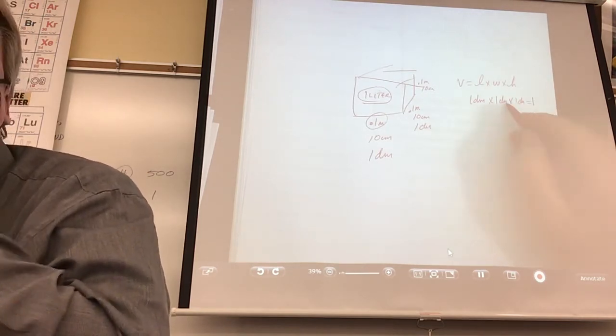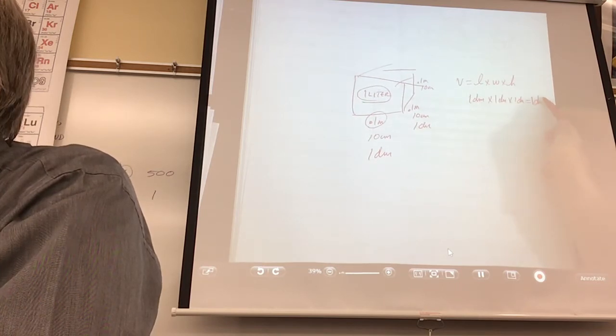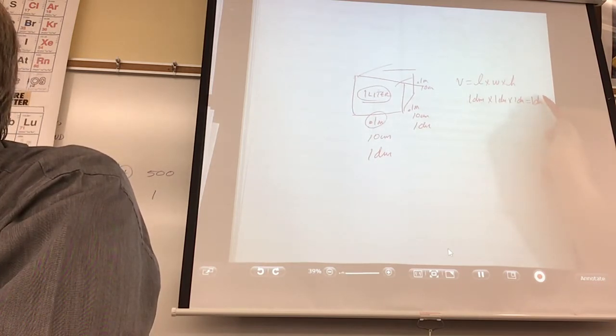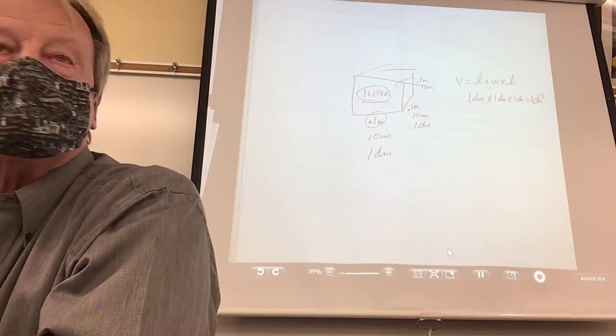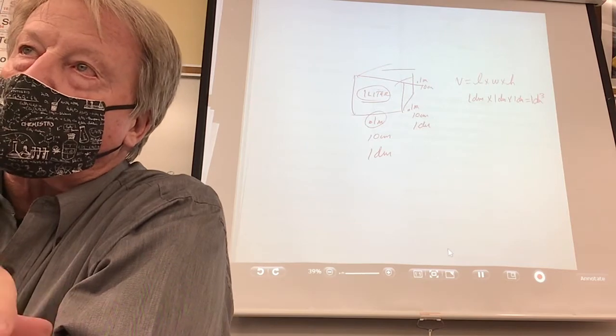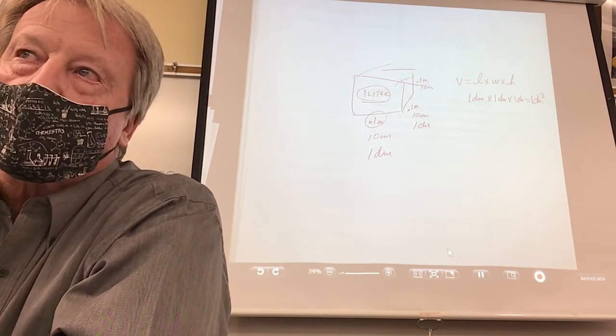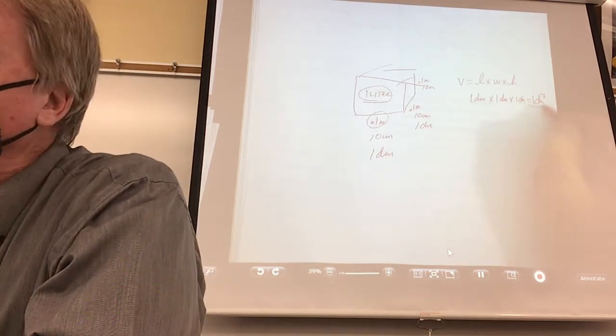A decimeter times a decimeter times a decimeter is the same as x times x times x. It's a decimeter to the 3rd power, also known as a decimeter cubed, also known as a cubic decimeter. That's what this is. I didn't memorize this. I just did a little math, didn't I?